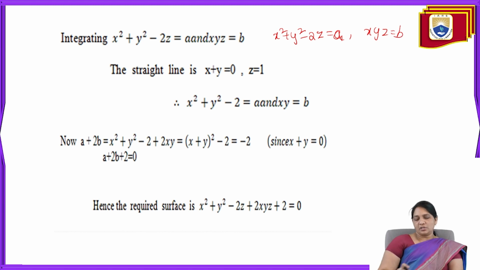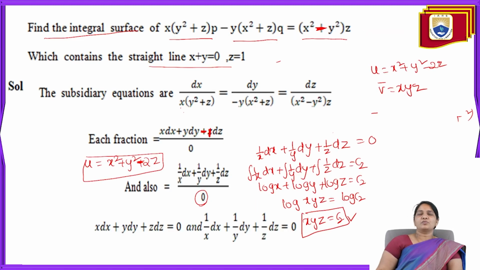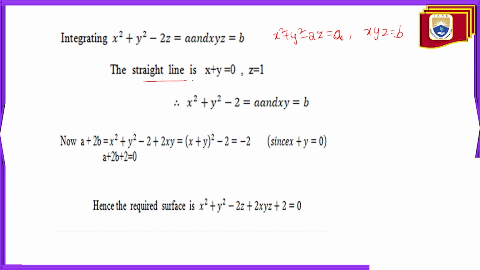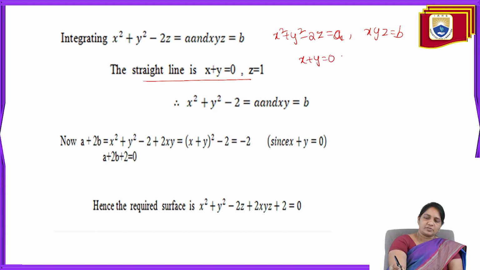So now what they are asking in the question is to find the integral surface of that equation. So first, what is the straight line equation they gave? I am writing here: the straight line is x plus y equal to 0 and z equal to 1.